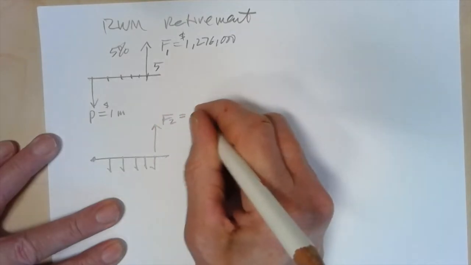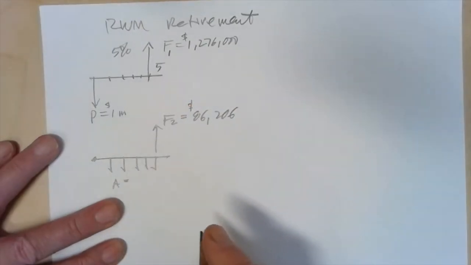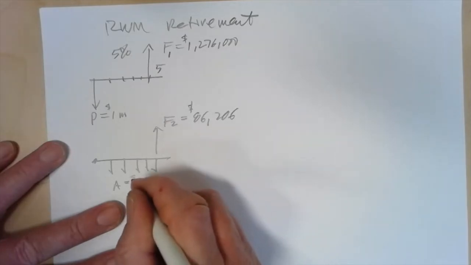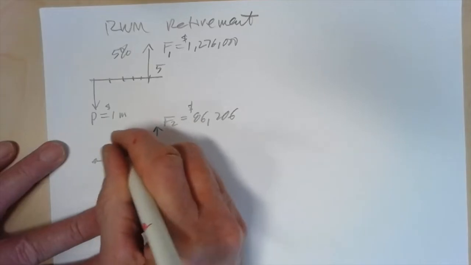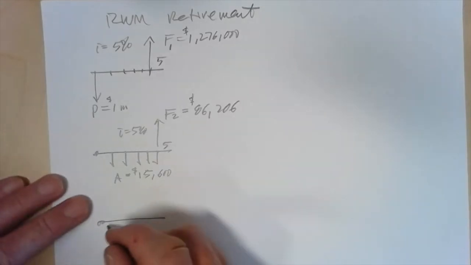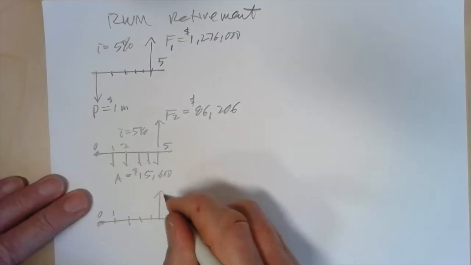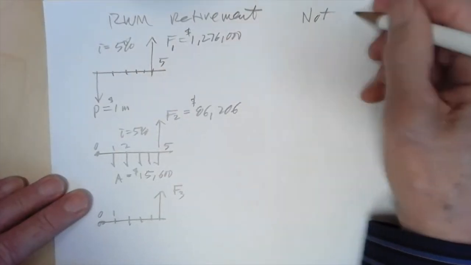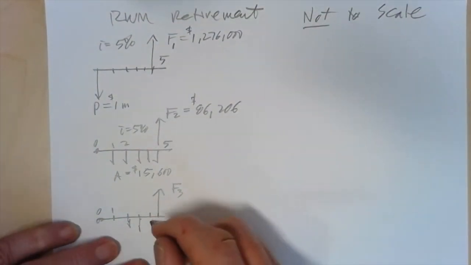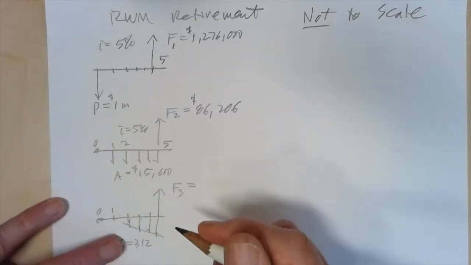F2 was 86,206. That was from my future contributions of $15,600 at the end of each year for 5 years at 5% a year. And then the last is my F sub 3. Remember, these are not to scale. F sub 3, and my G was 312, and this is a very small amount.